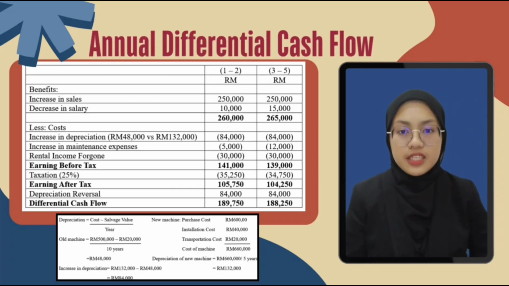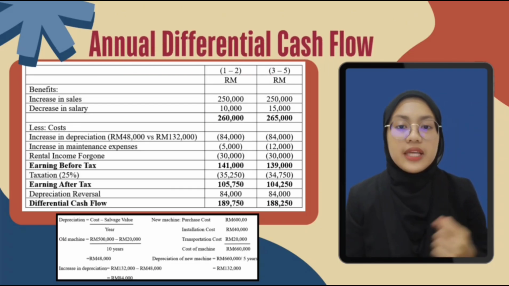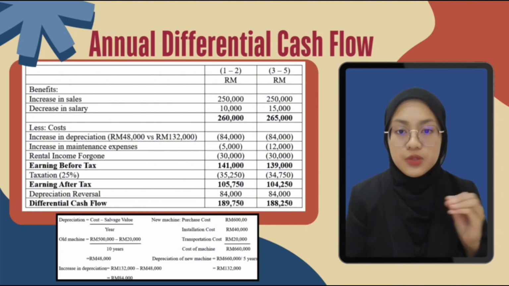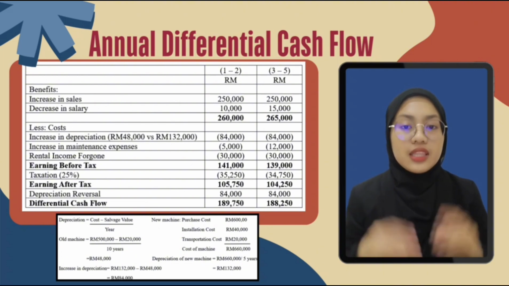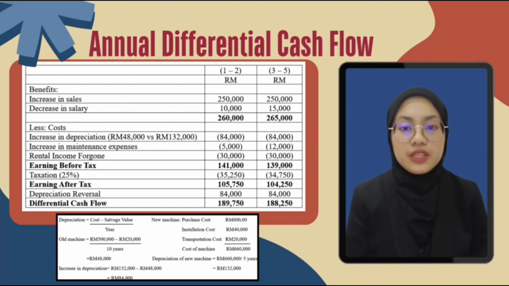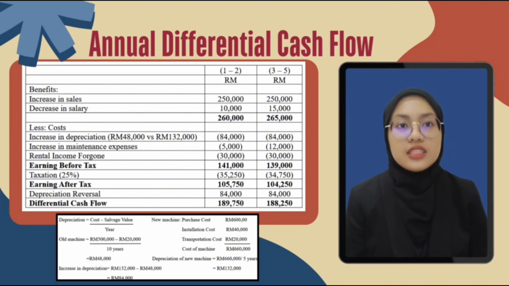Next, annual differential cash flow. First, we need to find the depreciation of the old machine and the new machine. For the old machine, the cost is RM500,000 minus RM20,000 and divide by the useful life of 10 years, so we got RM48,000. For the new machine, we have to calculate the cost of the machine. So the purchase cost is RM600,000, the installation cost is RM40,000 and the transportation cost is RM20,000.